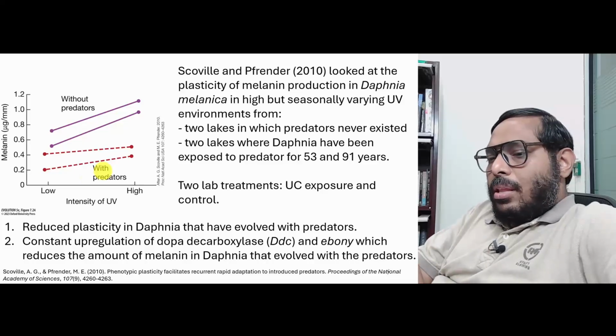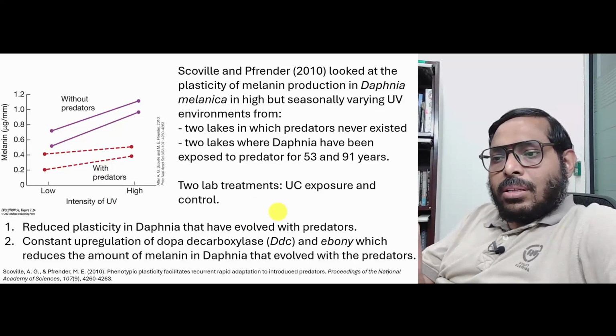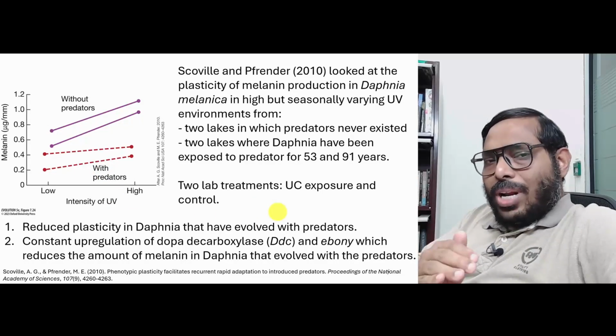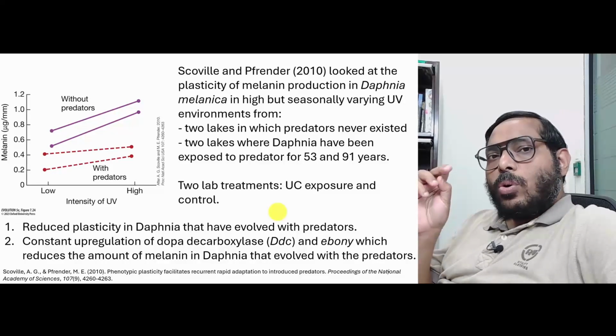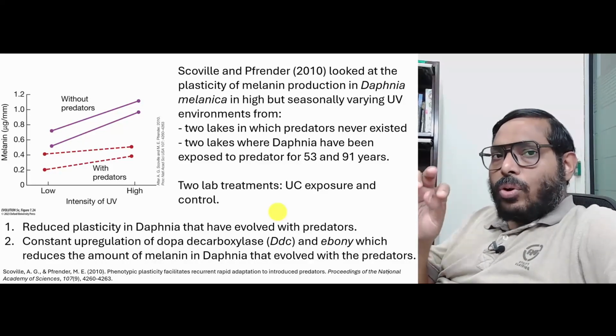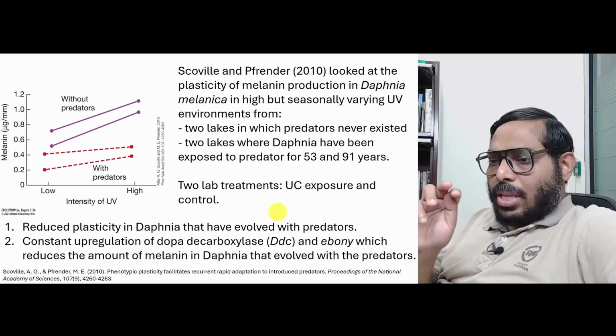Number one, in the presence of predators, the Daphnia have greatly reduced their plasticity, and in this particular case these two people were also able to pinpoint the molecules because of which that is happening.